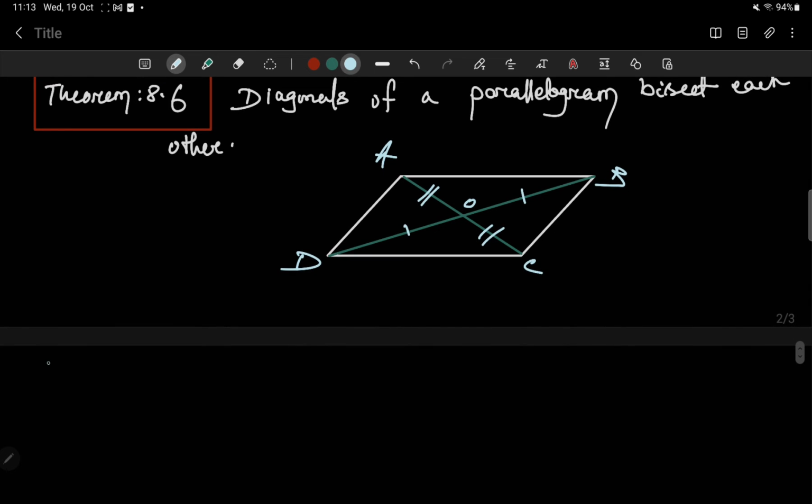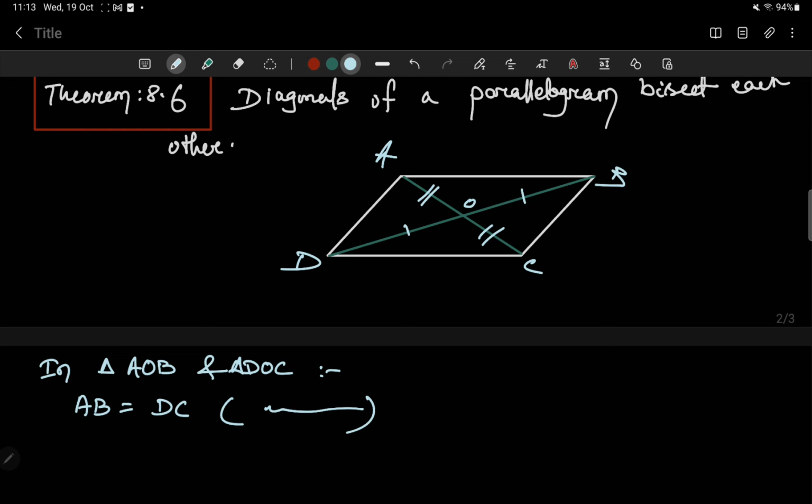In triangle AOB and triangle DOC, okay, so what is there? AB equals to DC. Why? Because in a parallelogram, opposite sides are same. Okay, and also can I say that angle ABO is equals to angle ODC?